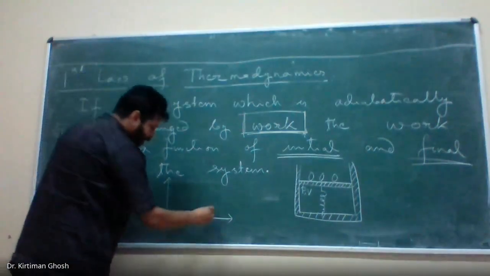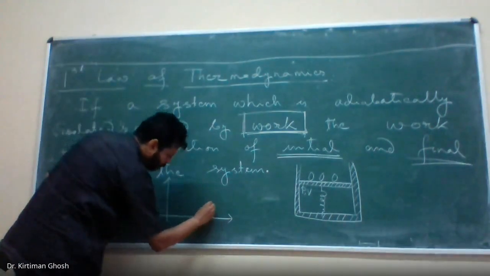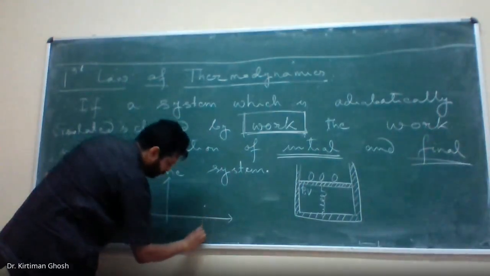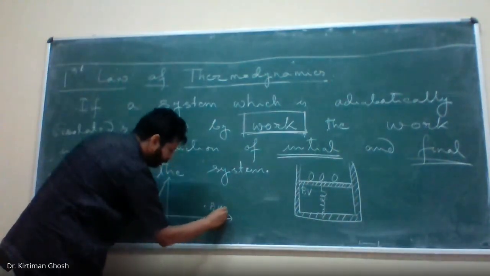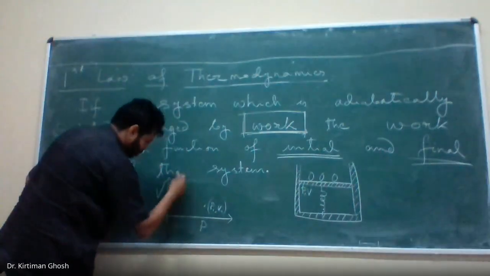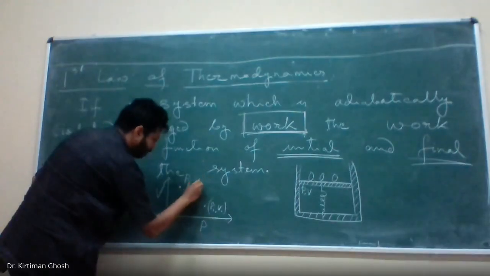Let us assume that at a given time the system is in this state. So this is the PV diagram, with PI and VI. And at some later time, the system goes to a different state with some PF and VF.